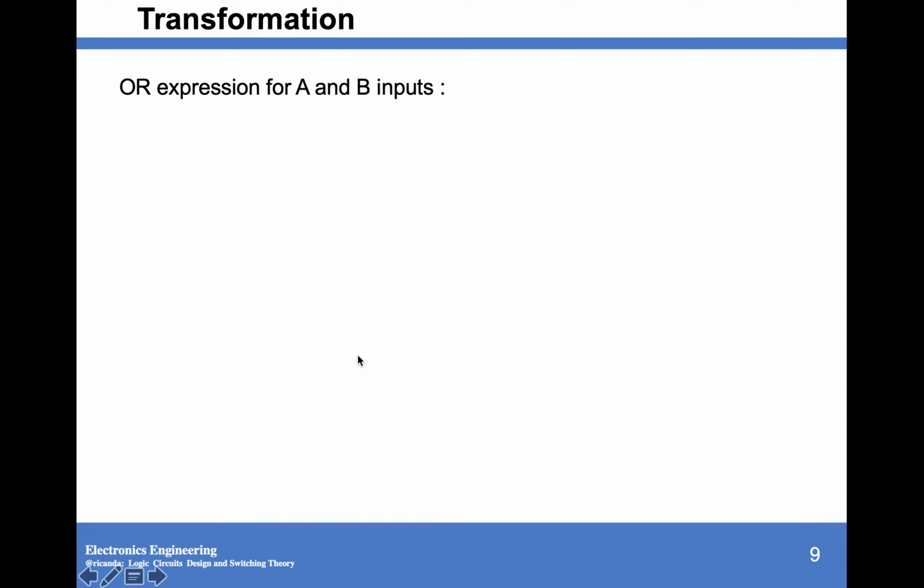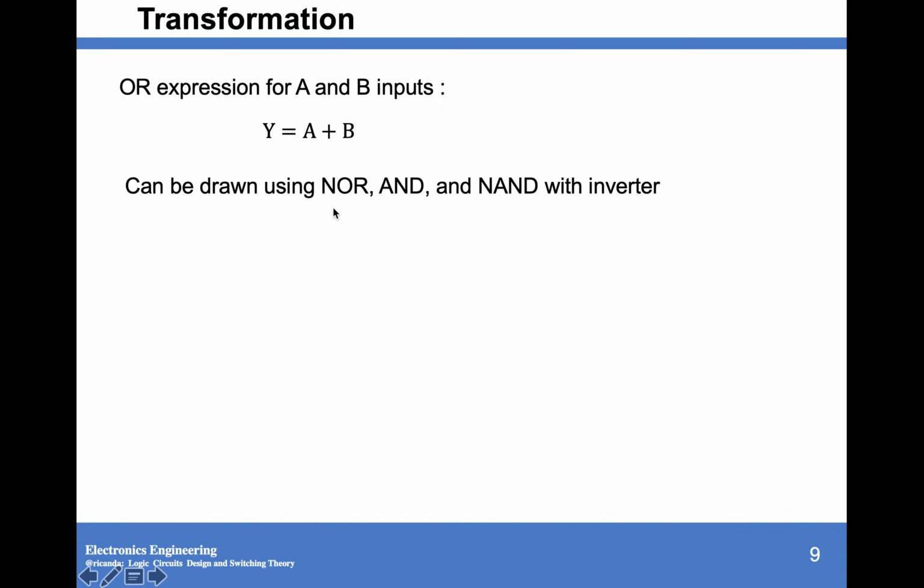Then for an OR expression for A and B inputs, we have A or B, and we can draw the circuit using NOR and NAND with inverter. So using NOR with inverter, this is our NOR. We have to connect the inverter so that the bar in your NOR is eliminated using the double negative.